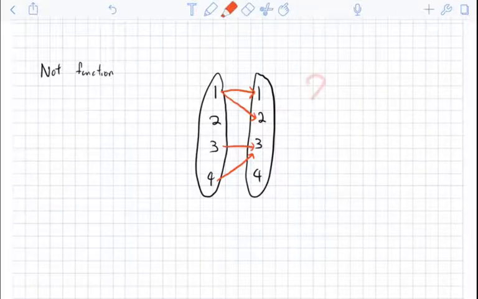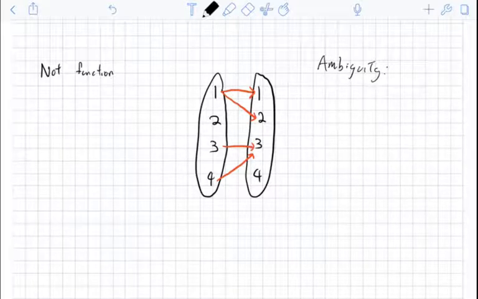This one is not a function in a much more interesting way. All of the arrows are pointed in one direction, so that's correct. The thing that doesn't make this a function has to do with ambiguity. The idea here is the way a function machine works, for any number you put in, you only get one number out.